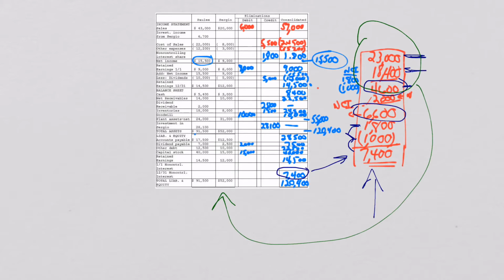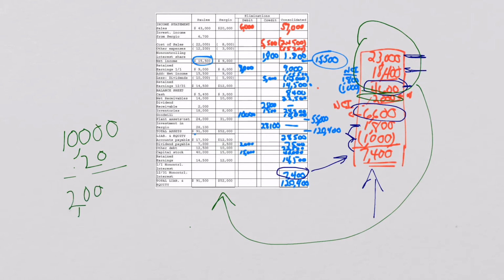So then we have to make our adjustments. Our adjustment of 2,000, that's this adjustment here, represents the non-controlling interest share of the goodwill. Goodwill is a total of 10,000, and so the non-controlling interest amount is 2,000.